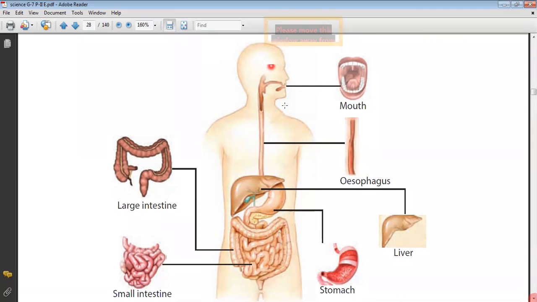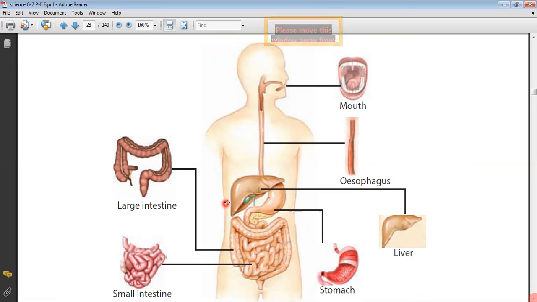This is the mouth, the large intestine, the small intestine, the stomach, the esophagus, the liver.